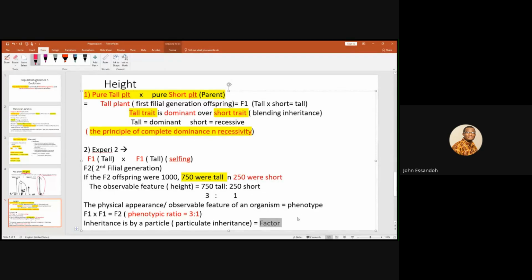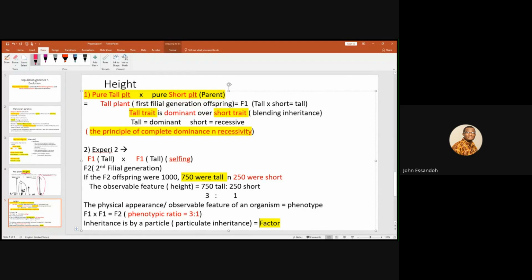Remember, at that time the word chromosome had not been discovered. In fact, the word chromosome was coined in 1888, but Mendel was doing his experiments in the 1860s. It was somewhere around 1865 that Mendel presented his findings.